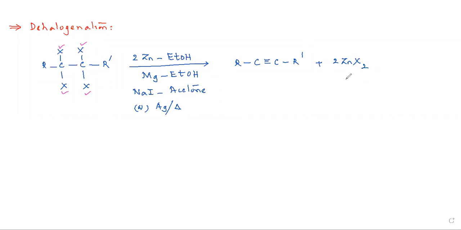You get ZnX2 if zinc dust in ethanol is used. Otherwise, you get MgX2, or else sodium halide, or else silver halide. These are going to be the byproducts, depending on what the reagent is.